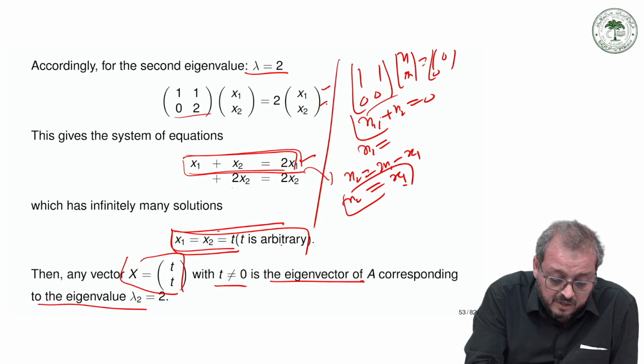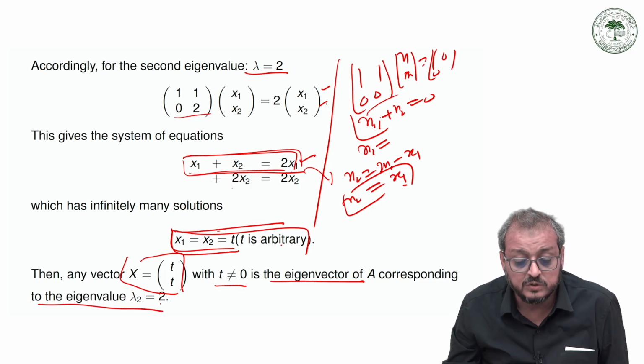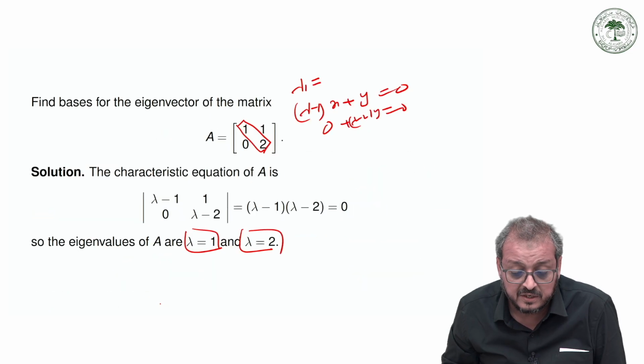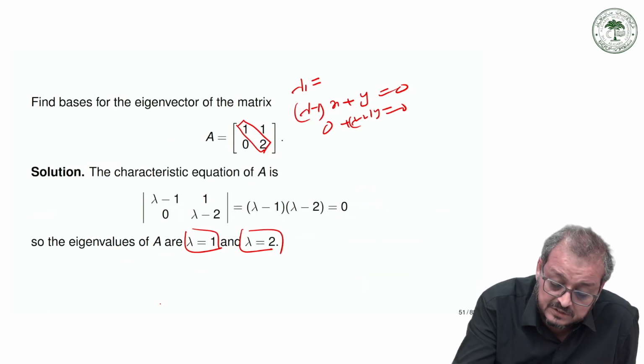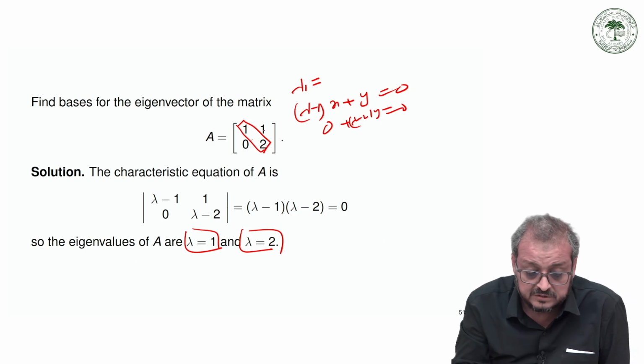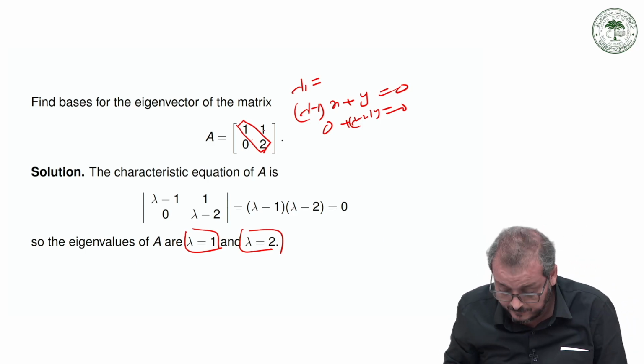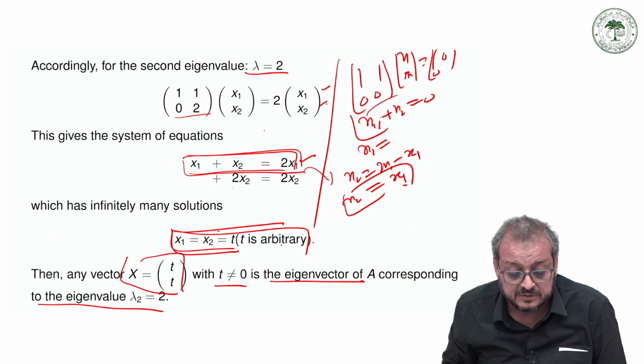This is the eigenvector of A corresponding to the eigenvalue lambda equal to 2. So we have the matrix here, 1 1, 0 1, and okay, this is clear.